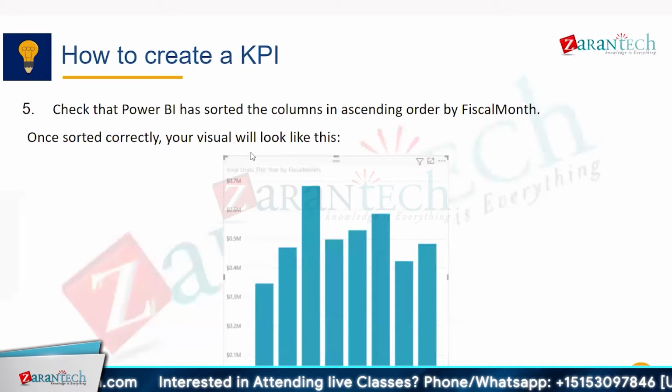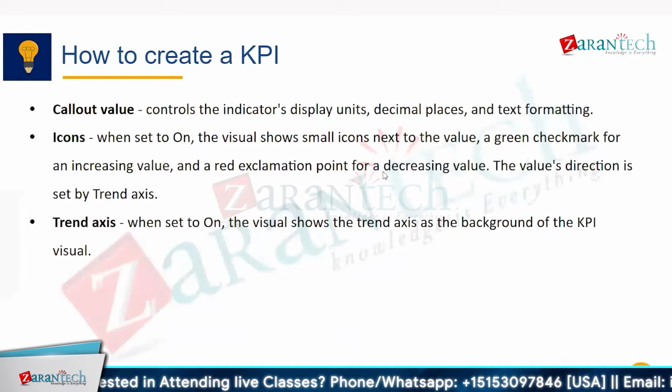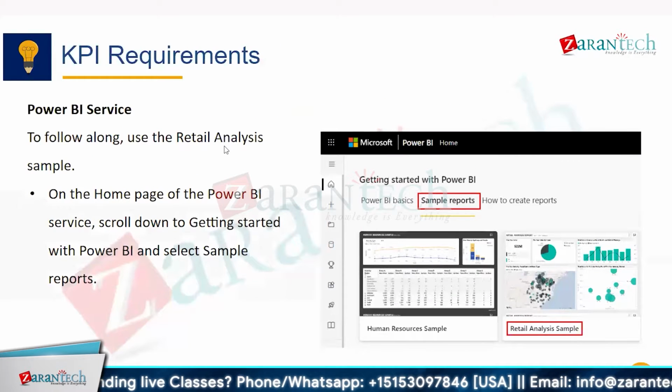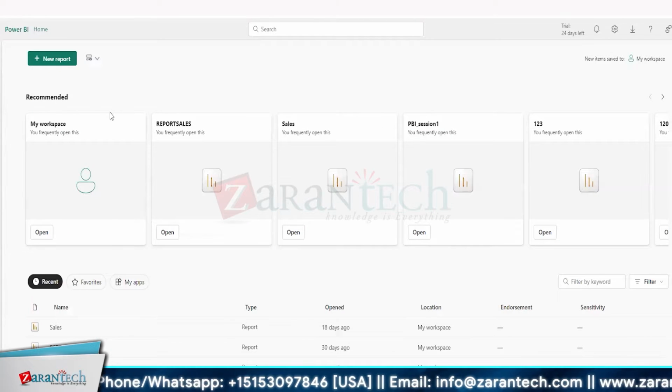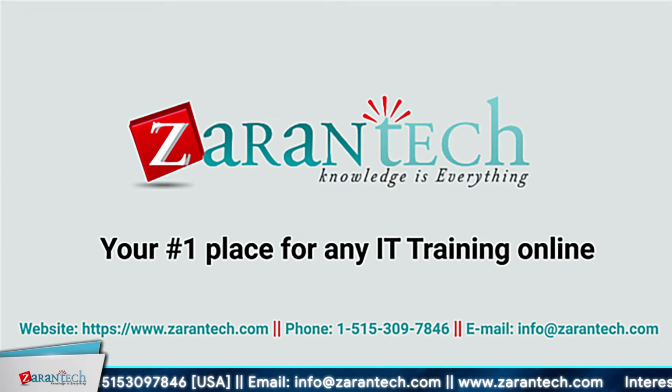All these things are there, one by one. We will try to do them one by one. So first things first, we have to go as per this concept. Go to the home page of Power BI service. Scroll down to Getting started with Power BI and select Sample reports. So it's saying I want to select sample reports.